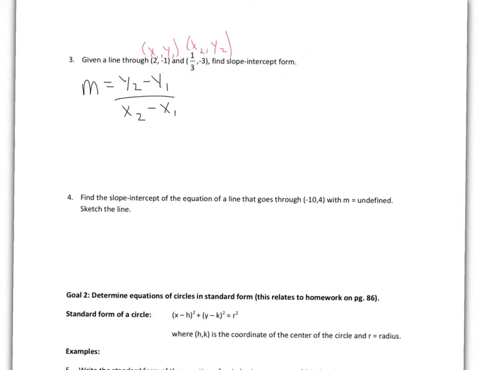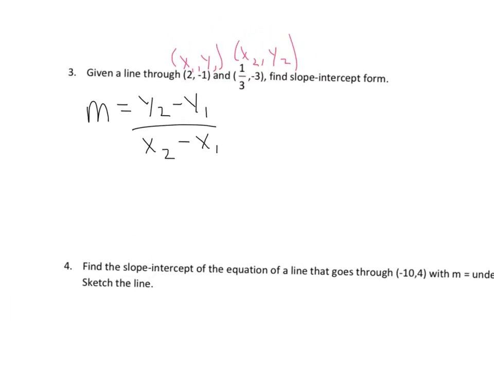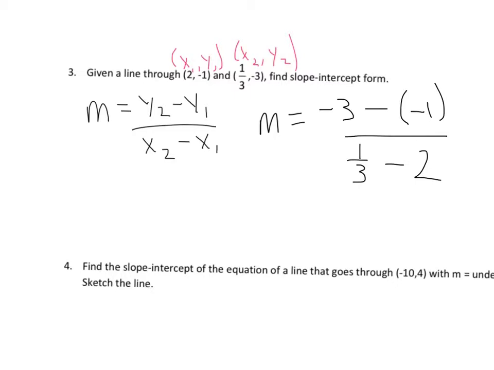Okay, so we have the slope formula, y2 minus y1 over x2 minus x1, and we have x sub 1, y sub 1, x sub 2, y sub 2. Now we simply plug in. So for y sub 2, which equals negative 3, I have negative 3 minus y sub 1, which is negative 1, put in parentheses, divided by x sub 2, which is 1/3, minus x sub 1, which is 2.